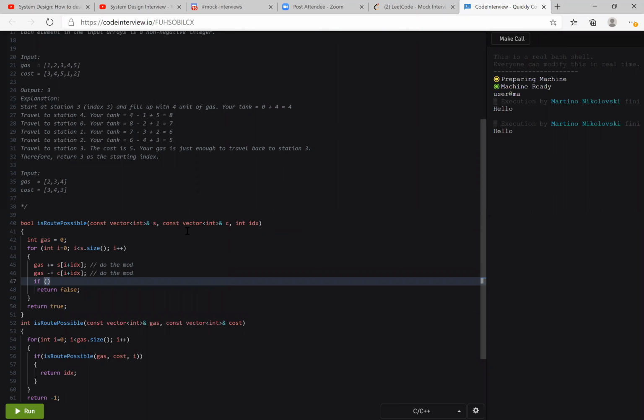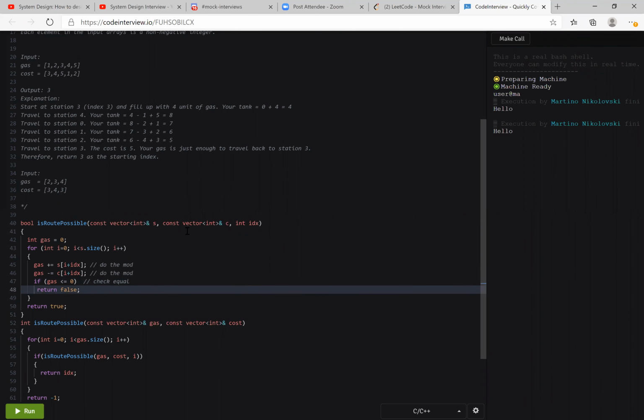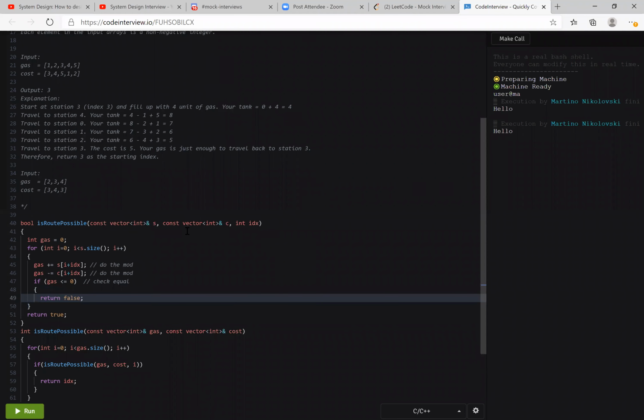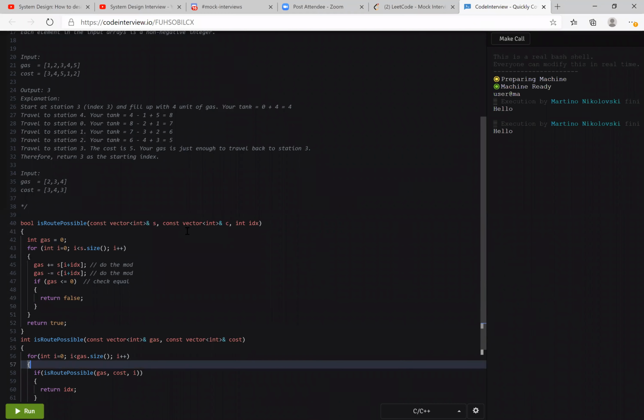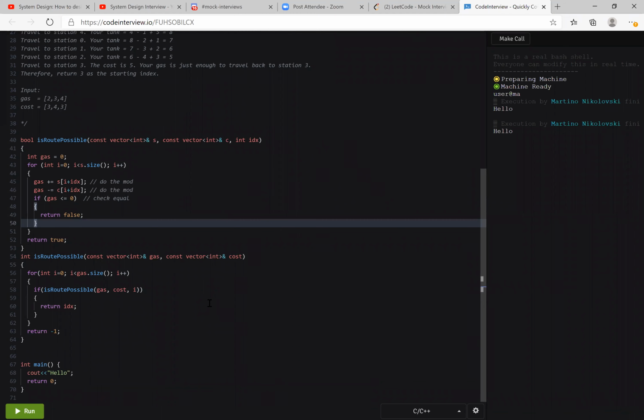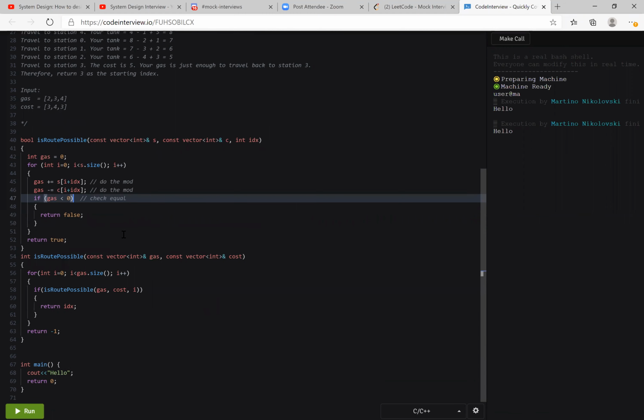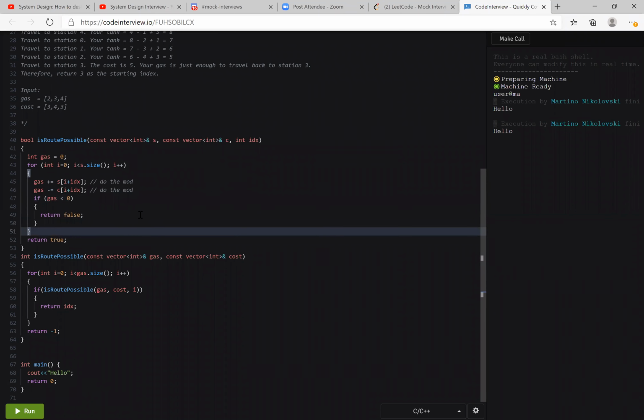I need to check equal to or not equal to. If at any time that happens, maybe at the last time gas 0 is fine. Okay, so one second, this returns false. Okay, let me just go over it completely.